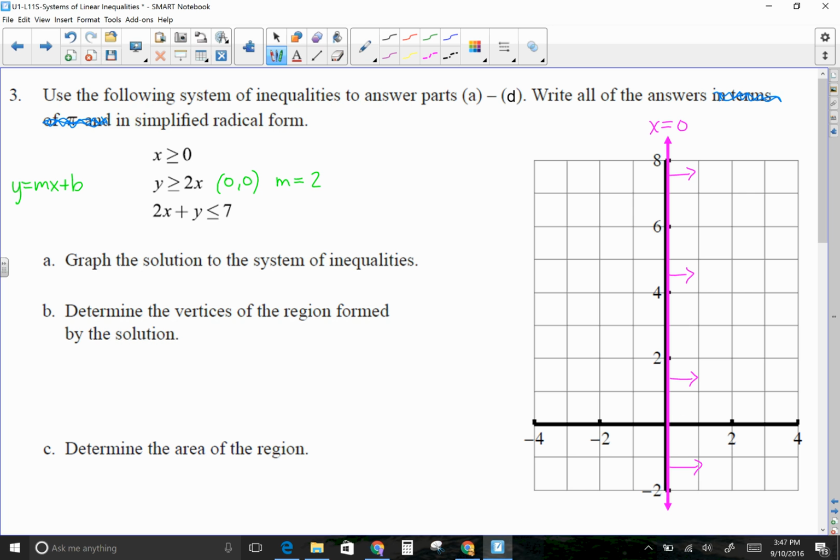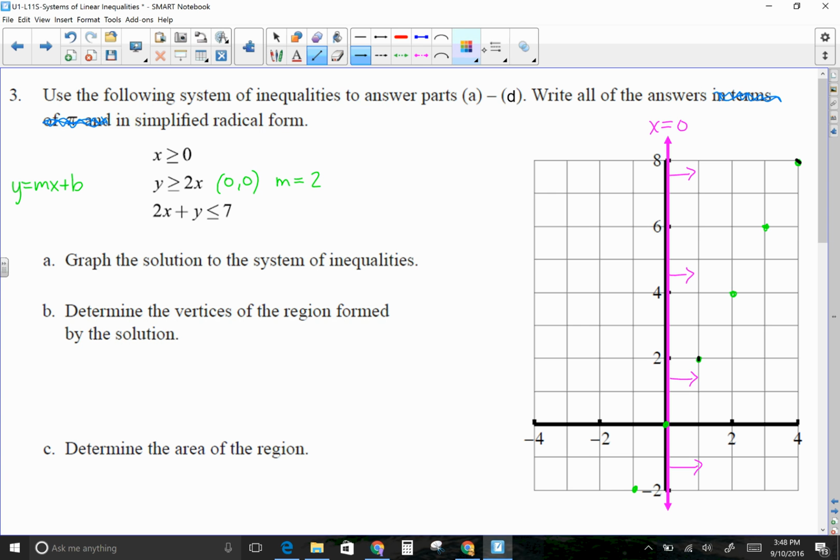So we start at 0, 0, and I'm going to go up 2 over 1, up 2 over 1, up 2 over 1, and down 2 over 1. So that filled up my graph.